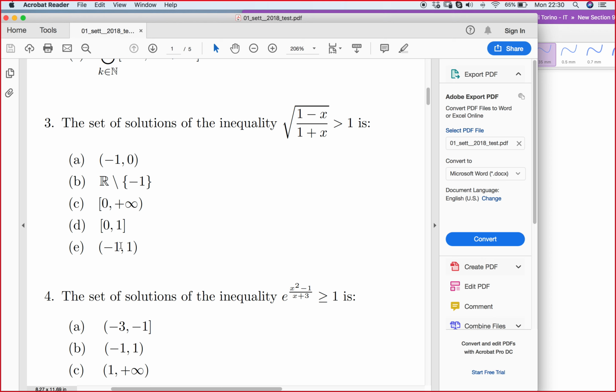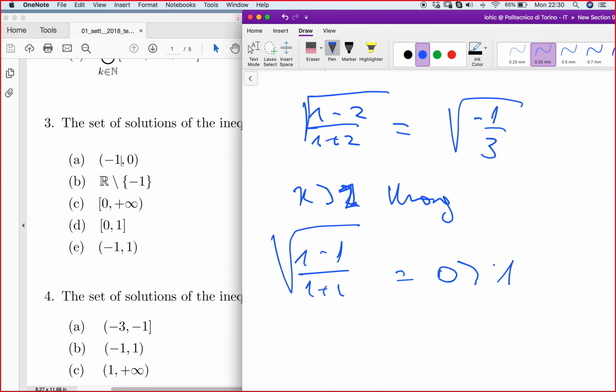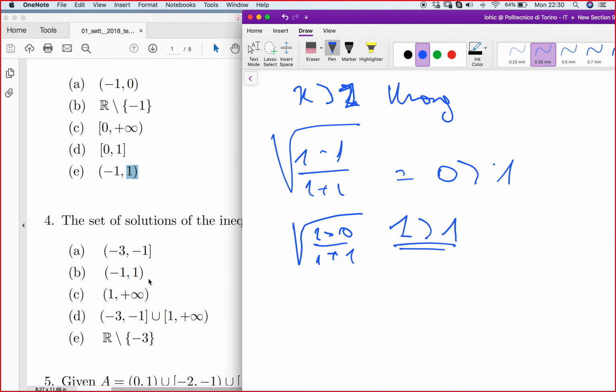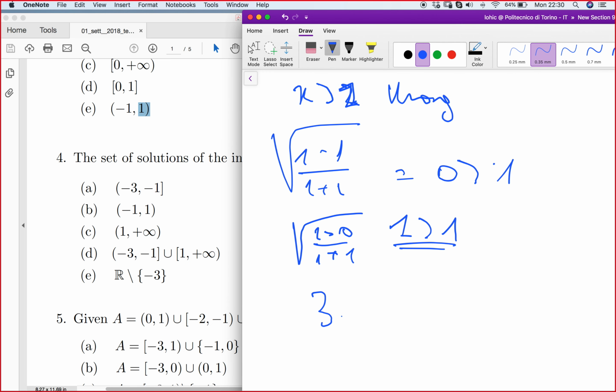Okay, there is 0 here inside, but there is not 0 here, so we check for 0, right? If we put 0, we get the square root of (1 minus 0 over 1 plus 0). That is 1. That should be greater than 1. It is false, right? 1 is not greater than 1, and thus E is false. So the answer is A, okay? The answer is A. So we get 3A.